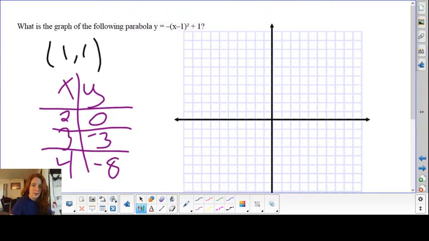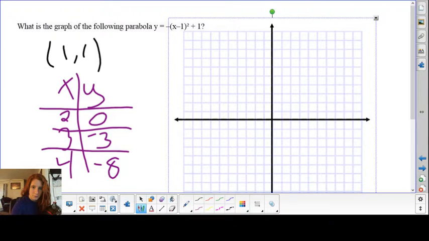So I have my vertex point at 1, 1 again. Then it's going to be the line I flip across, so I'm going to not have that be so fat.